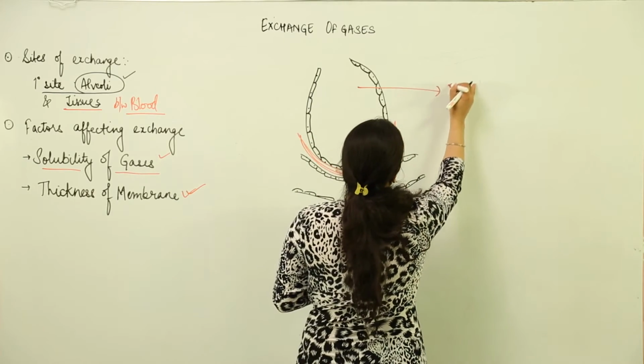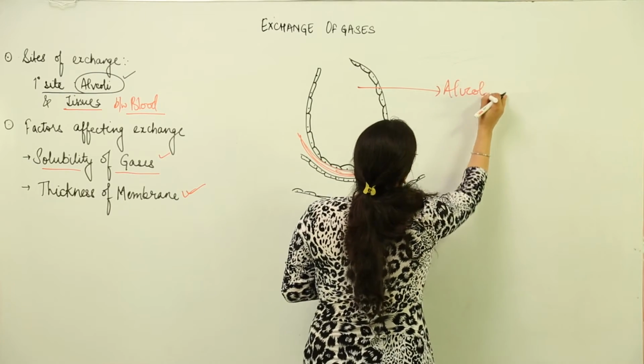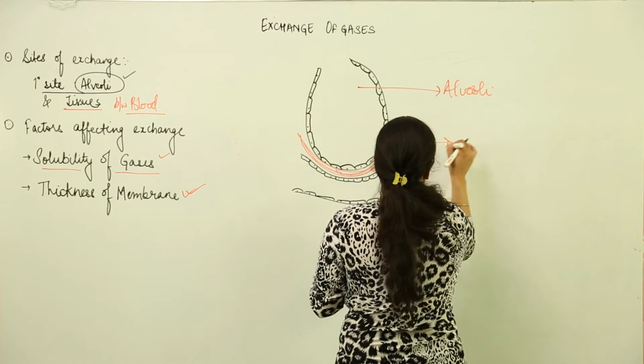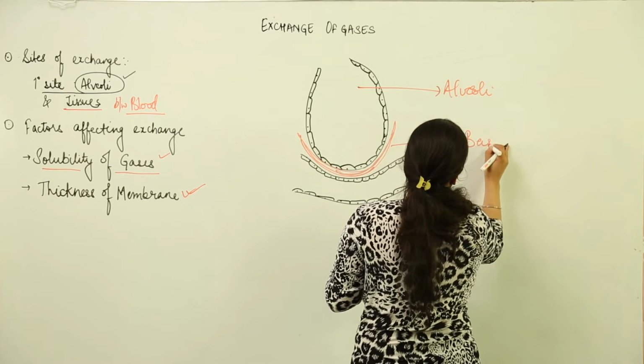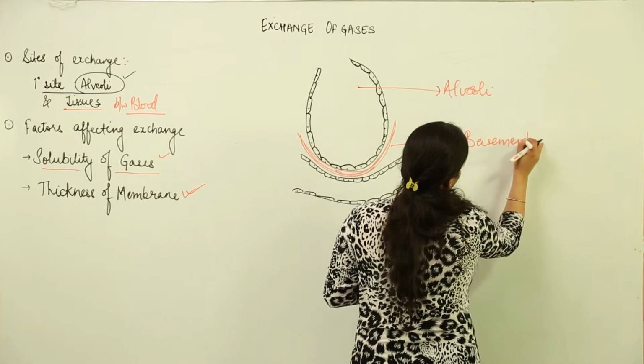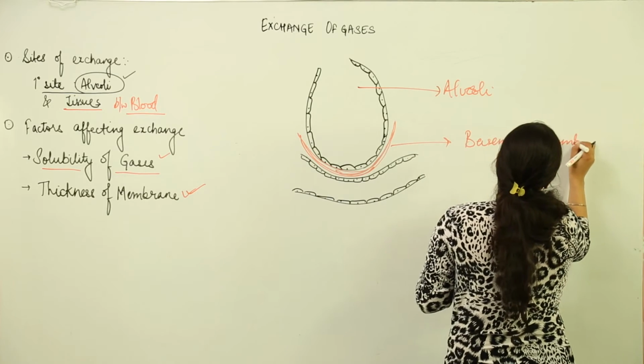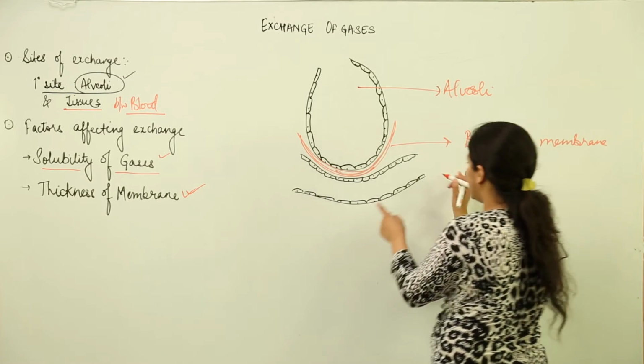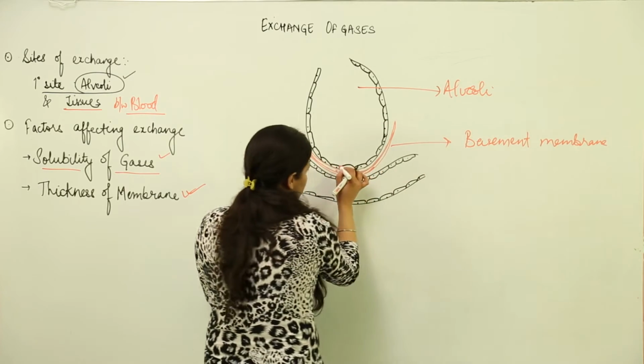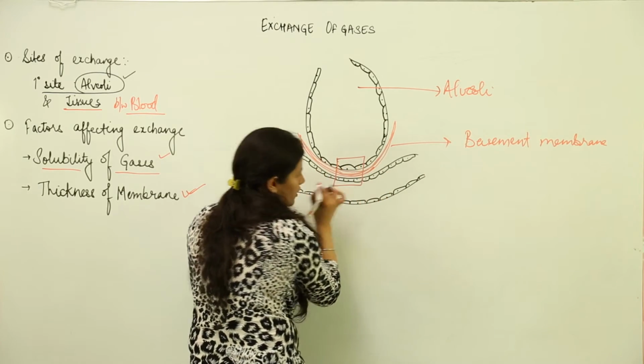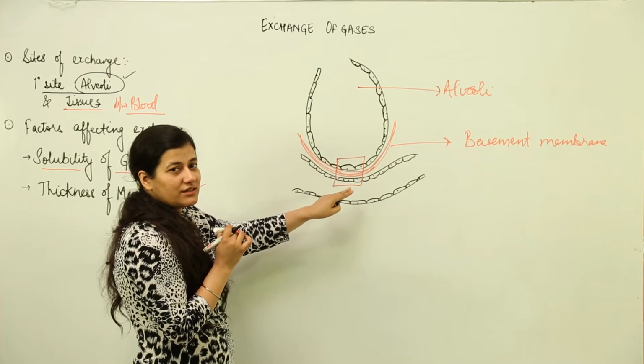So as you can see, our body has taken care of the thickness factor by keeping a very thin surface for exchange. So this area basically is the area of exchange, and the thickness is lesser than 1 millimeter.